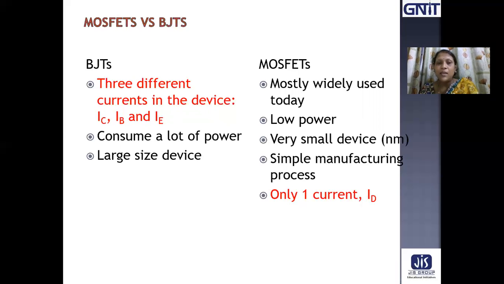And the main thing is, in BJT there were three currents present in the device, but in MOSFET only one current, that is drain current, is present.